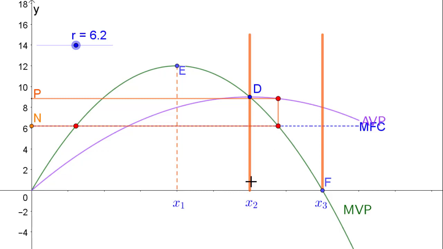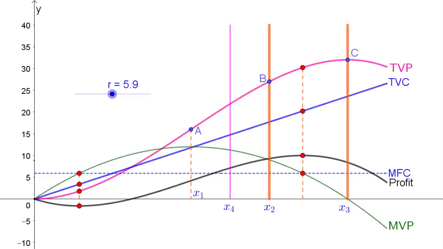So between this X2 and X3, this is stage 2. Where exactly can we get maximum profit? We need several conditions. The conclusion that stage 1 is not economical is because the maximum profit is not reached, and that is based on an assumption that the producer has unlimited funds.